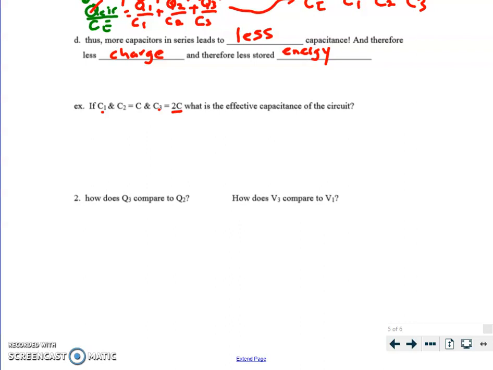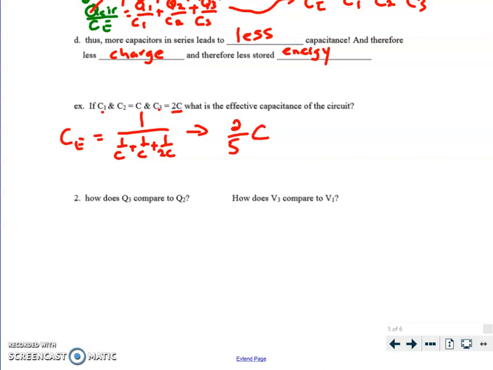Okay, so I'm just going to solve for effective capacitance directly. That's 1 over C plus 1 over C plus 1 over 2C. If I work out the algebra, which I am confident you can do, we see the effective capacitance is 2/5 the original capacitor.